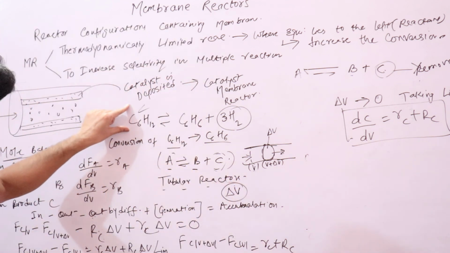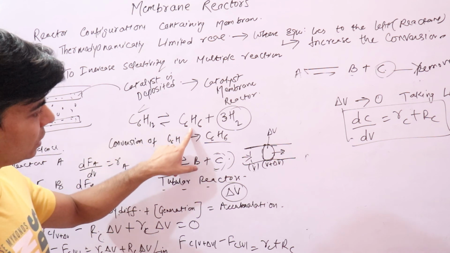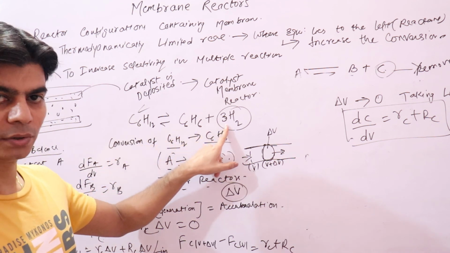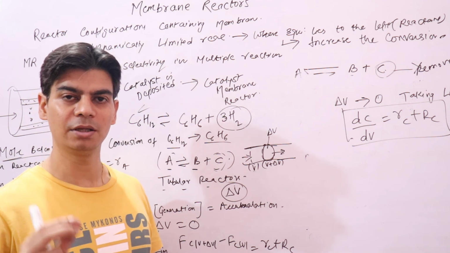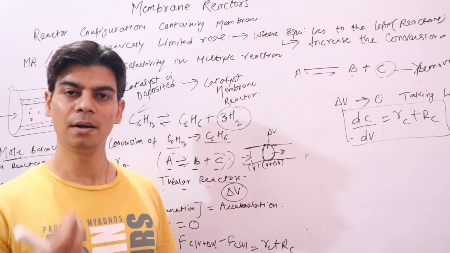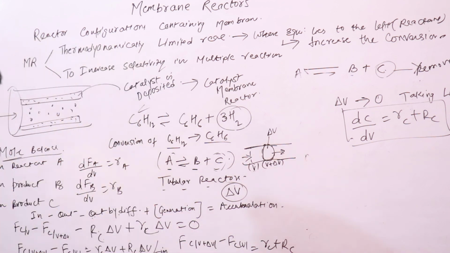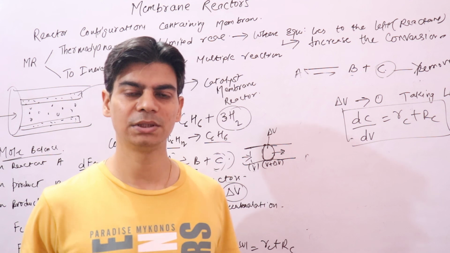C6H12 gives you C6H6 and hydrogen. Hydrogen is a small molecule and can be removed through the membrane if you carry out this reaction in a membrane reactor. Then we did the mole balance like this, and you got this. I hope this is clear.